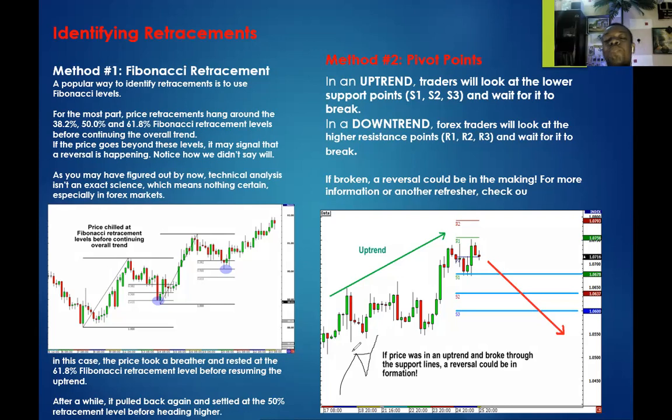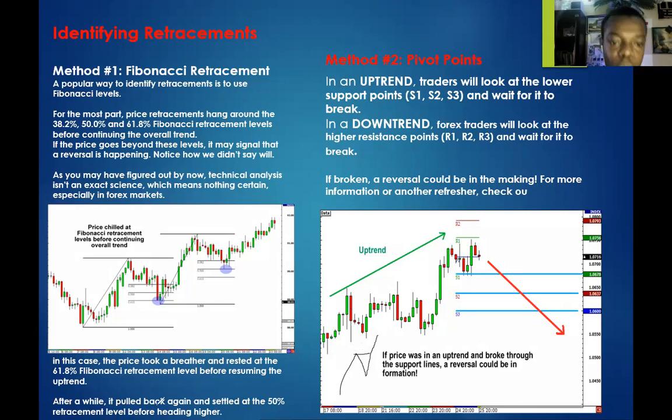But once the market breaks down below 61.8, you get to 78.6 or 88.2. At these levels, there is little chance that the market is going to retrace back, but more chance that the market is going to reverse, okay?